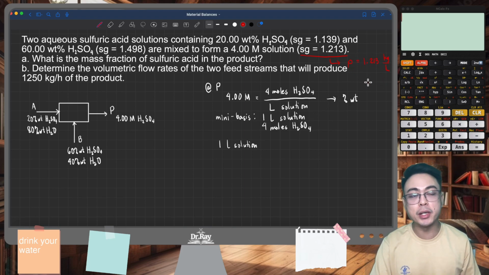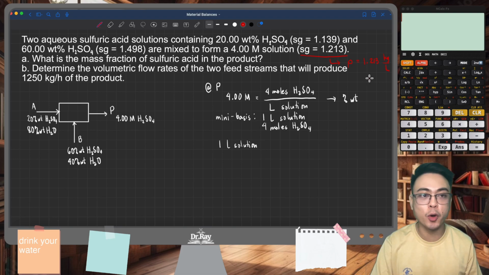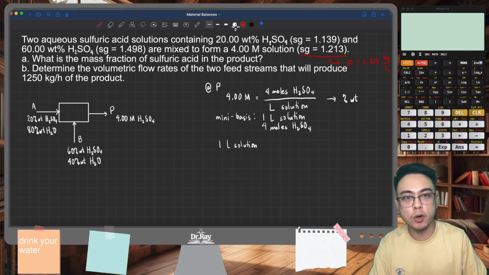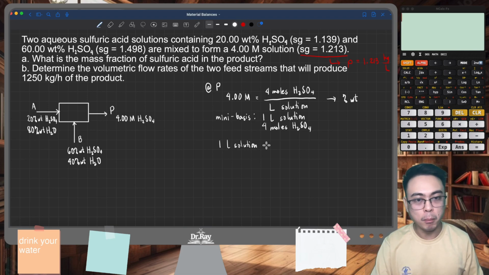Again, I'm using the basis of water at its densest point at 4 degrees Celsius with a density of 1 kilogram per liter. This is the value that we need to convert your liters of solution to kilograms of solution. So let me multiply this with the density of the solution, 1.213 kilograms per liter of the solution. The unit of liters will cancel, as you will see from our calculation.